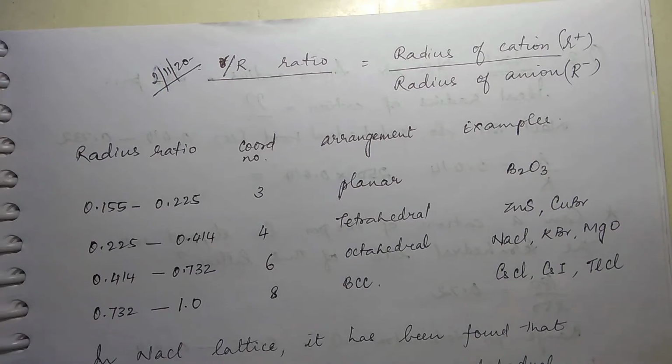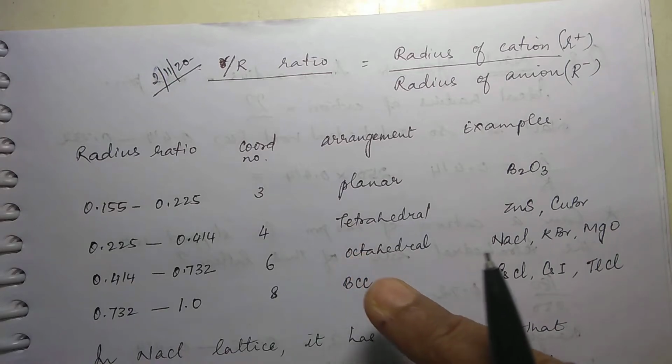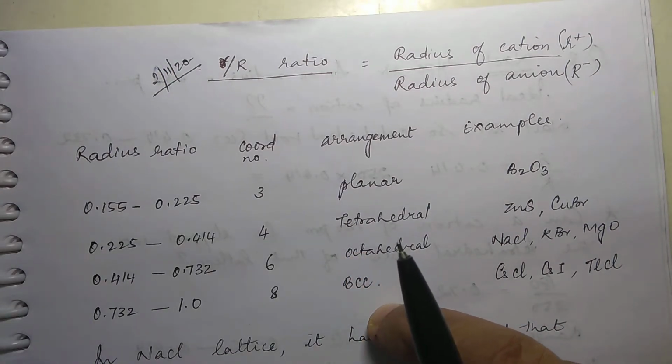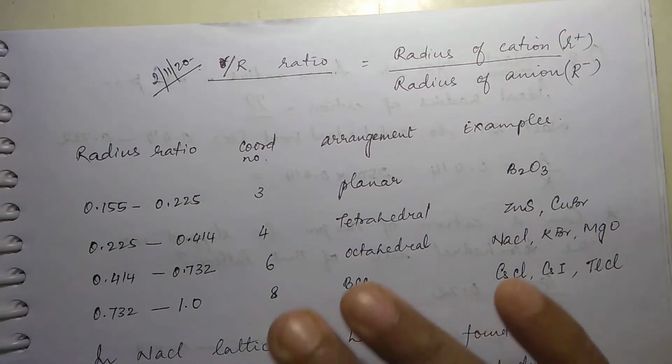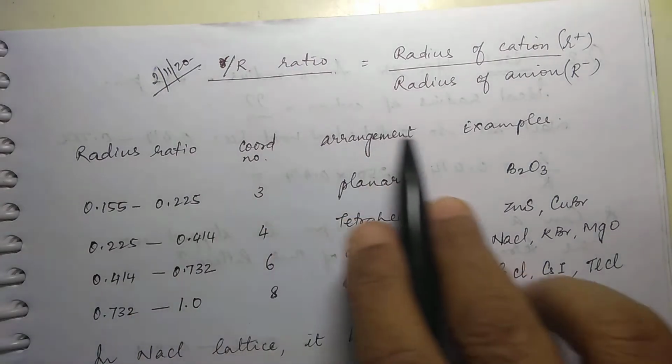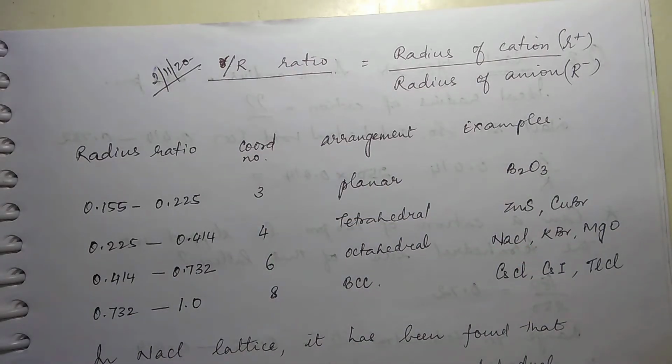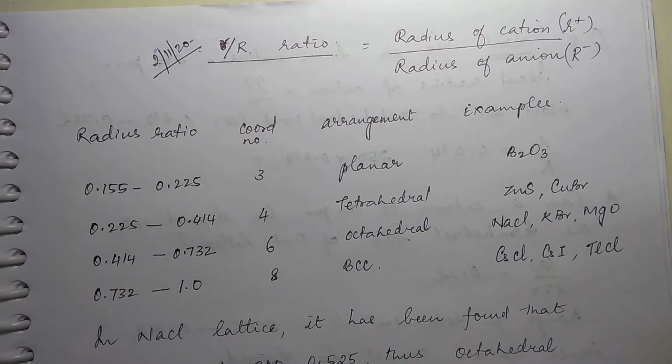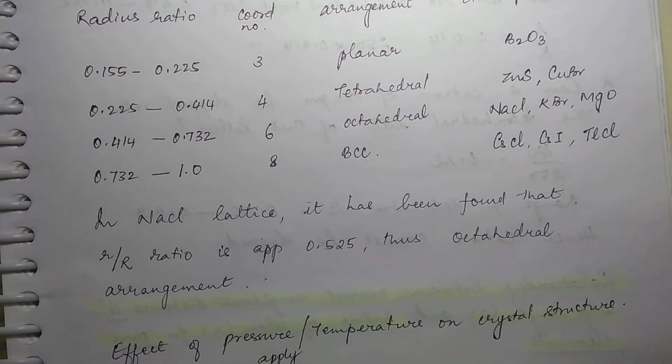The central Cs plus is attached to 8 Cl minus ions, and each Cl minus ion is attached to 8 Cs plus ions in 8 different cubes. So this is what is indicated by radius ratio. Now, in the case of NaCl lattice, this radius ratio was found to be 0.525.